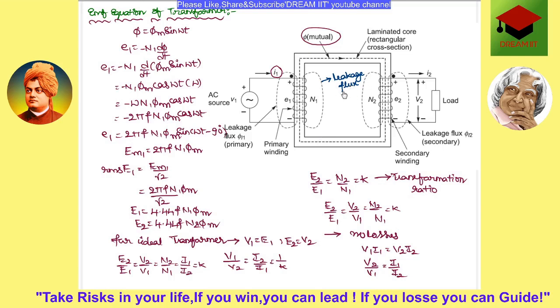Due to the leakage flux they are very small, because we arrange the windings, primary and secondary, on the same limb, so that we reduce the leakage flux and the leakage flux losses will be very less. So stray losses are very less compared with the iron losses and copper losses.